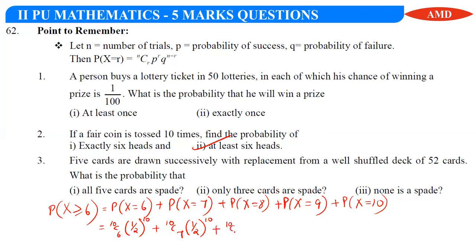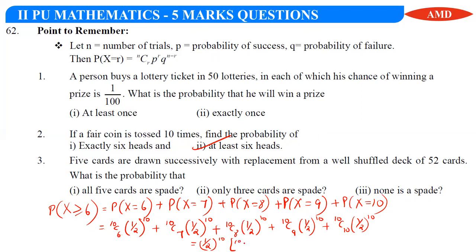Then we have 10c8 into 1 by 2 to the power 10 plus 10c9 into 1 by 2 to the power 10 plus 10c10 into 1 by 2 to the power 10. This is equal to, 1 by 2 to the power 10 is common, I'm taking it out. So what remains here?